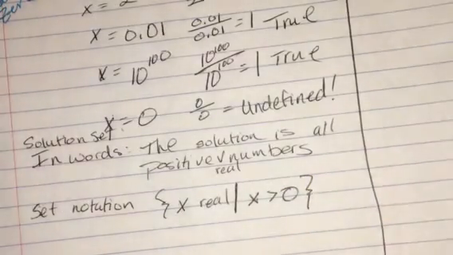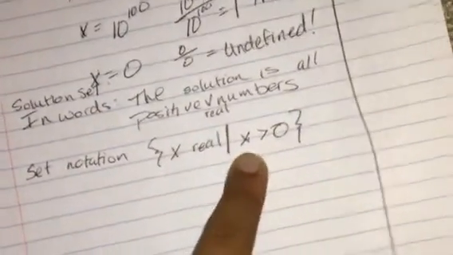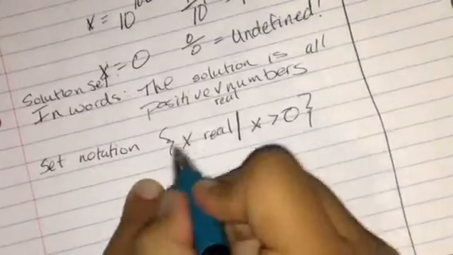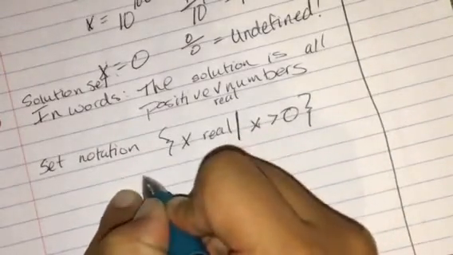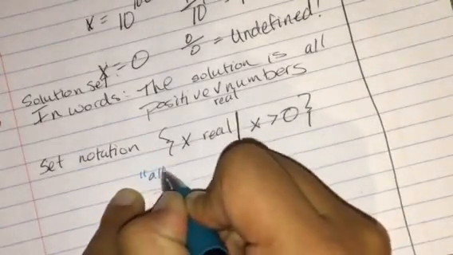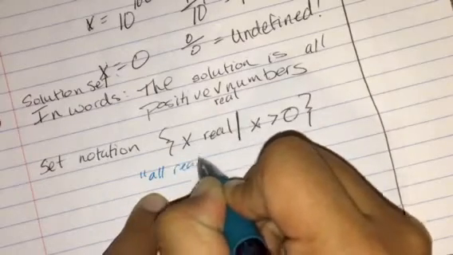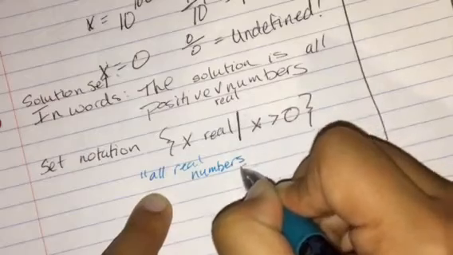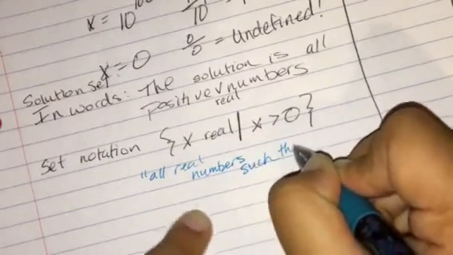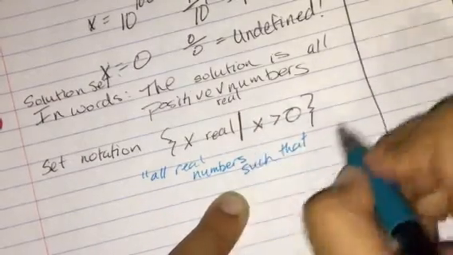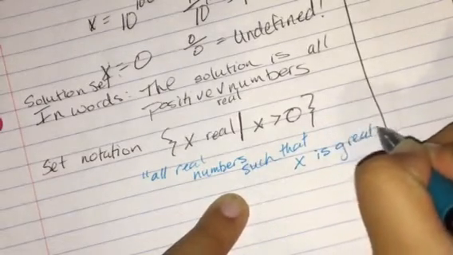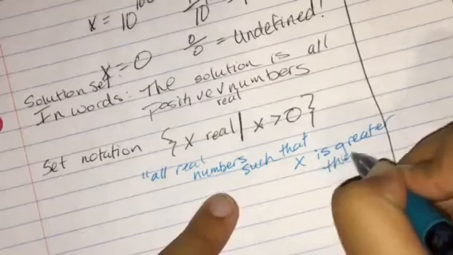Okay, so this is how you read this: the solution set is all real numbers such that, and that's what this bar means, x is greater than 0.